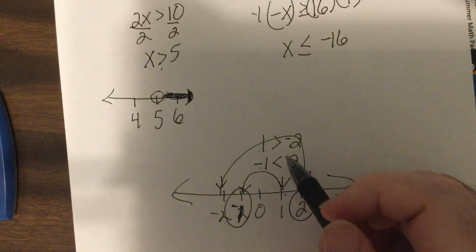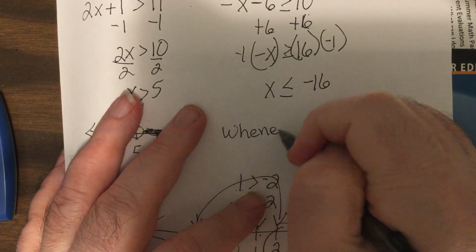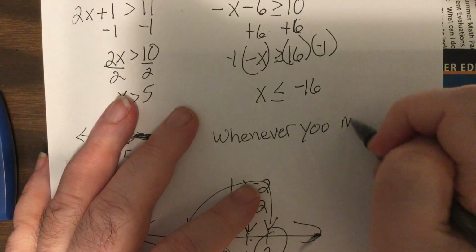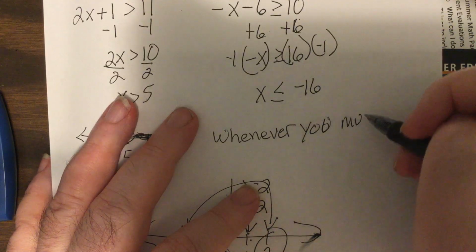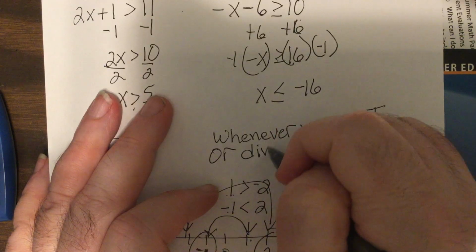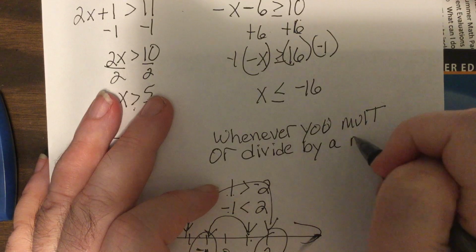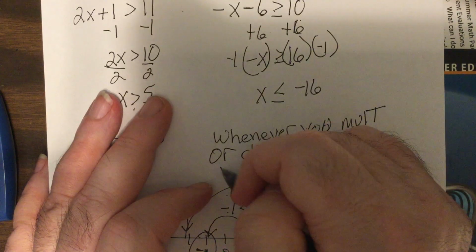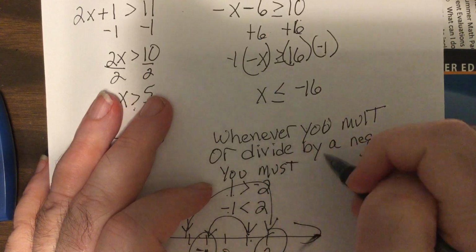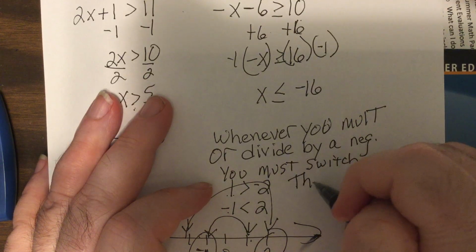So therefore, you have to remember that whenever you multiply or divide by a negative, you must switch the inequality.